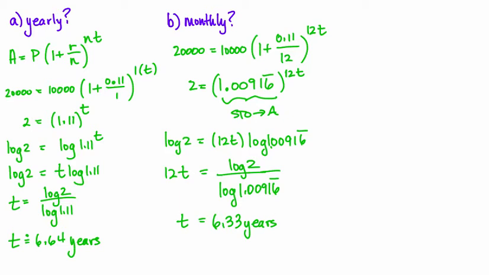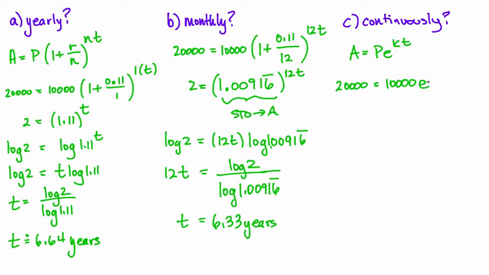That's not too bad. What happens if I up it even more? And I'm going to go as fast as I can on this one, as in, let's do it continuously. Well, I have a new formula. It's A equals P e to the kt, and A is still 20,000 total, P is 10,000 starting, e is e.